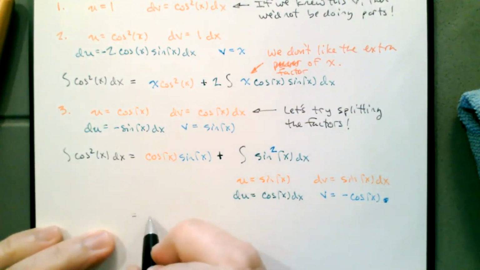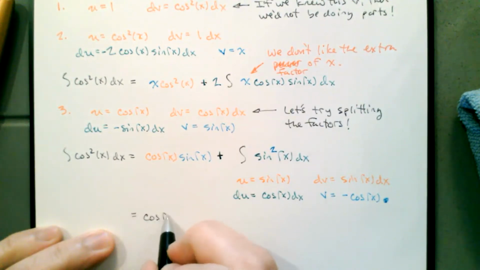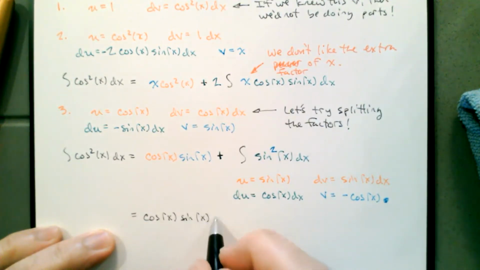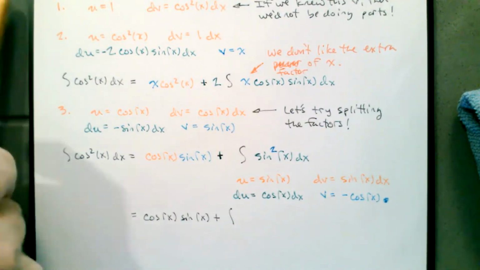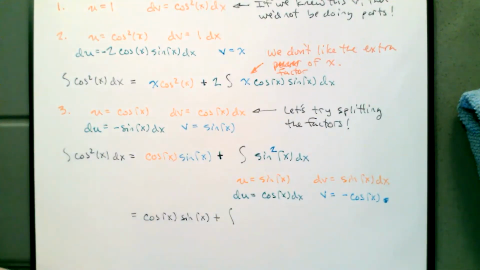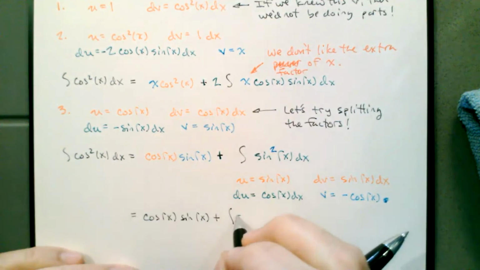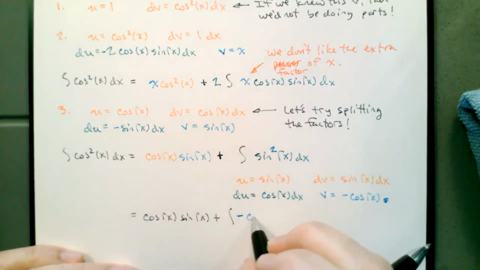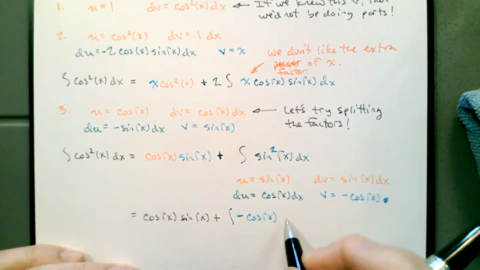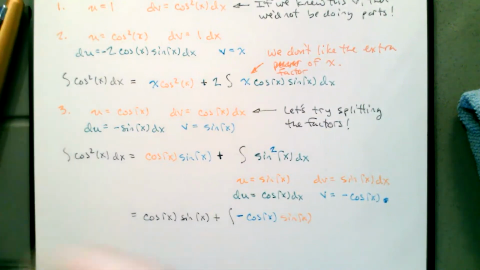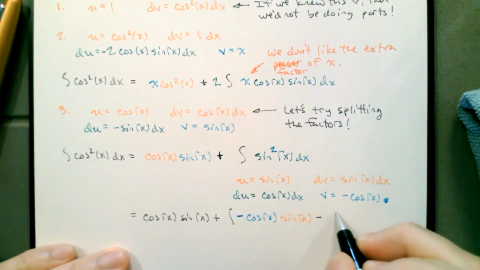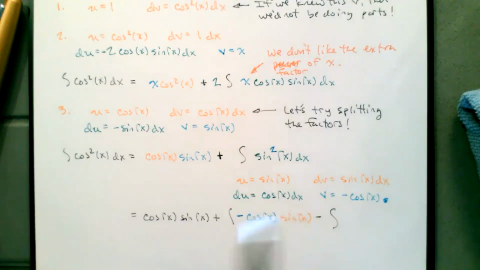So I end up with cosine x sine x plus then the parts formula for sine squared using the same strategy that we did before would be minus cosine x sine x minus the integral of cosine x times cosine x.